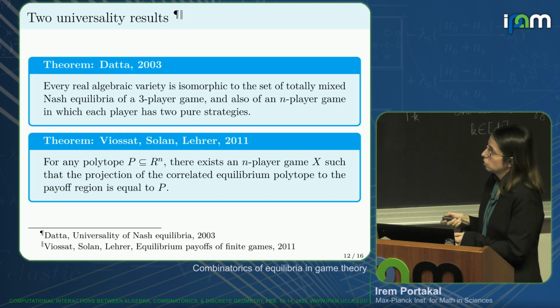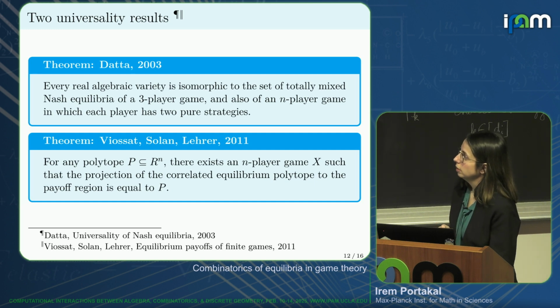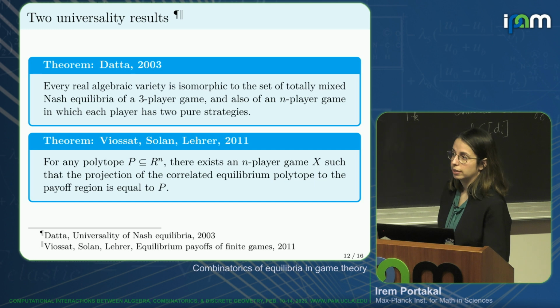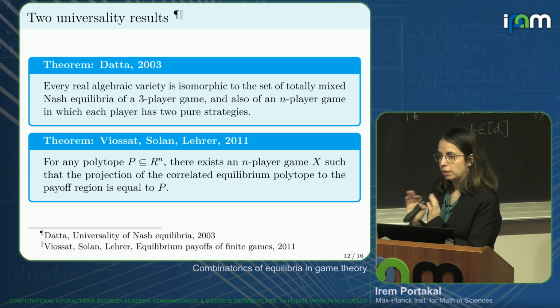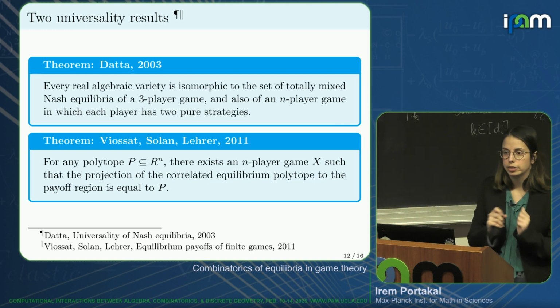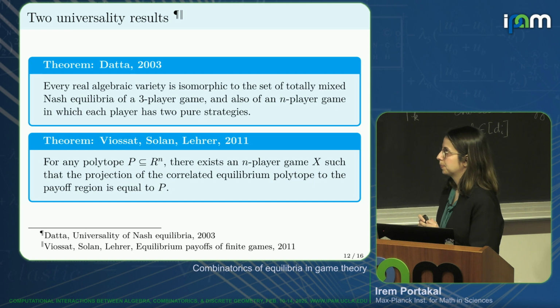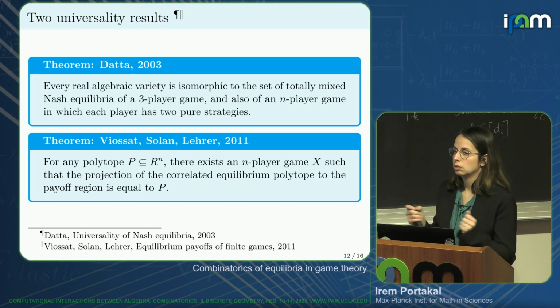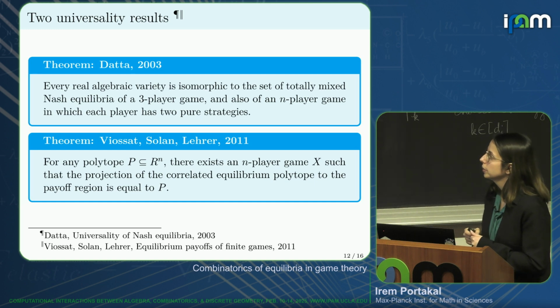The first is due to Datta from 2003. She proves that any real algebraic variety is isomorphic to the set of totally mixed Nash equilibria of a 3-player game, or of an n-player game where each player has binary choices. This is a very strong connection to algebraic geometry.